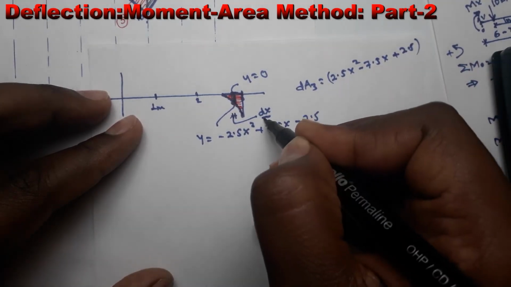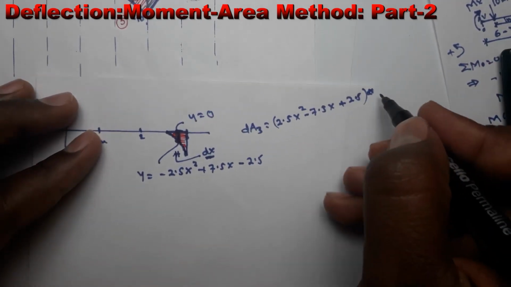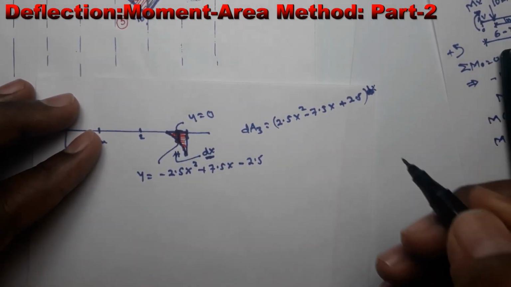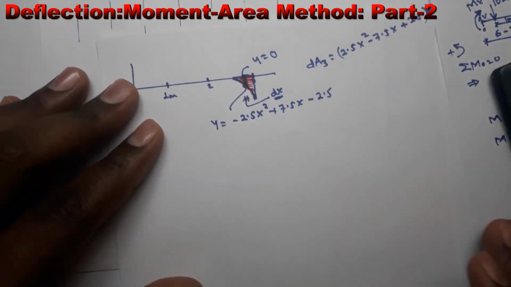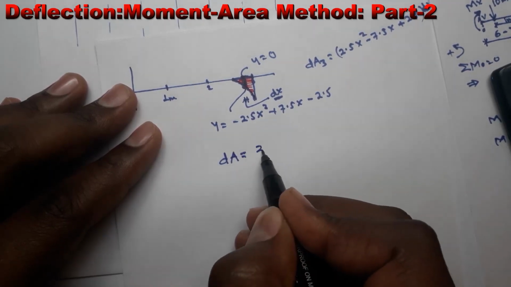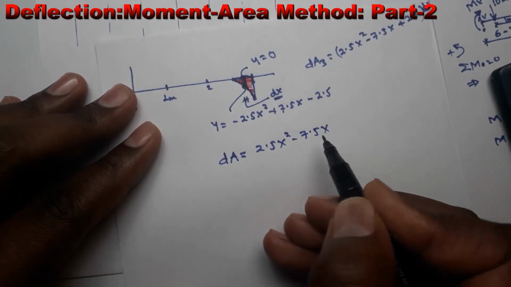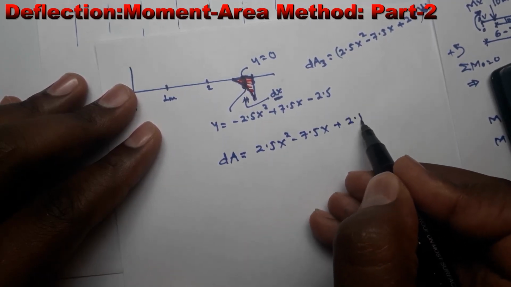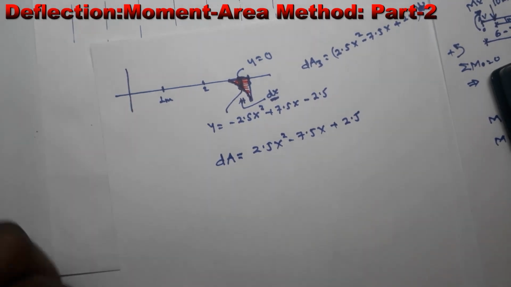This must be multiplied by the width dx. So dA equals 2.5x squared minus 7.5x plus 2.5. This is what we are going to get.